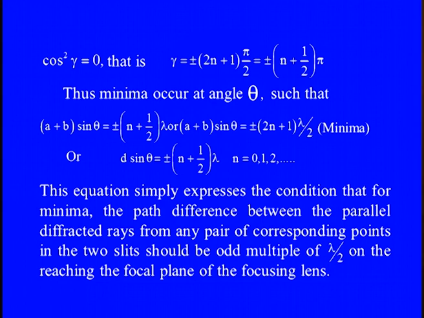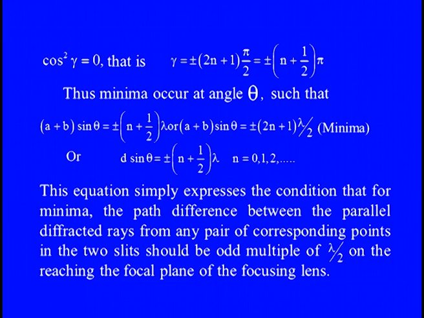Thus, the minima occur at angle theta such that (a plus b) sin theta is equal to plus or minus (n plus half) lambda, or d sin theta equal to plus or minus (n plus half) lambda, where n is equal to 0, 1, 2, 3.